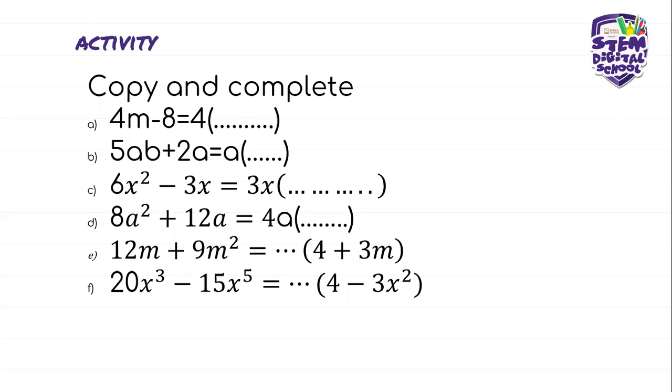Right, the first one, you've got 4m minus 8, and then we know that if you take out 4 as the common factor, then you'll be left with m minus 2. So the first answer for this activity, going to A, will be 4 open bracket m minus 2.